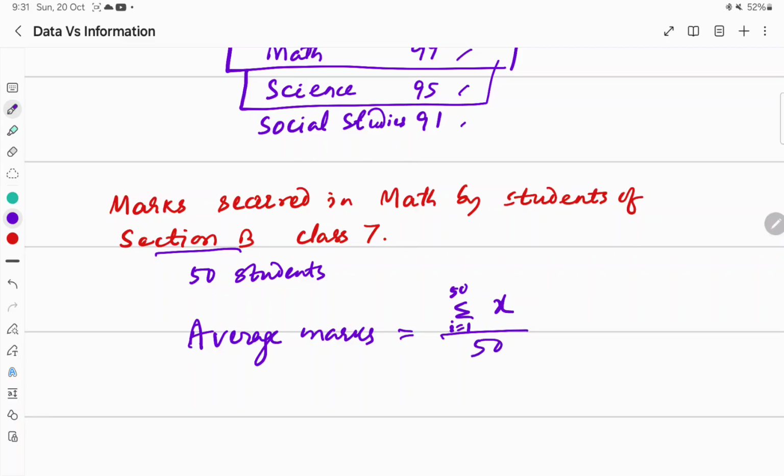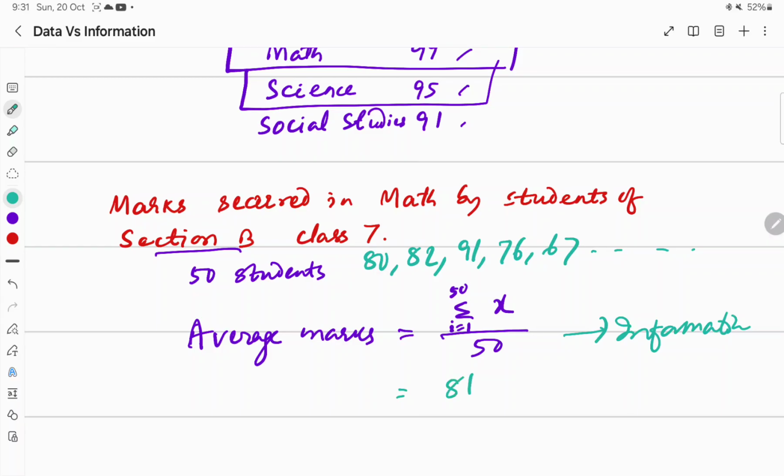So the average marks we can calculate. This will be our information. The marks secured by each student, say 80, 82, 91, 76, 67, like this, 50 students. From that we have calculated that the average score is, say, 81. So that is the information.